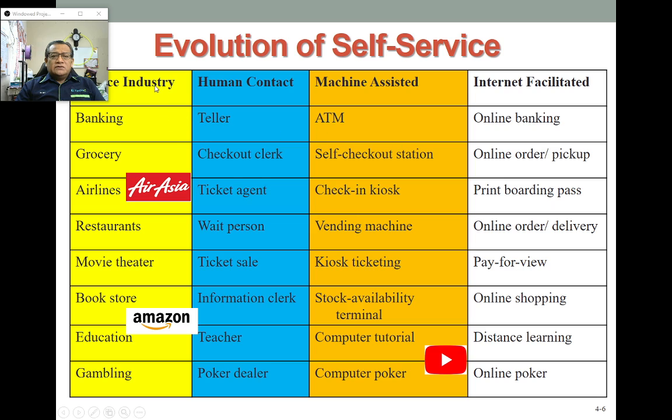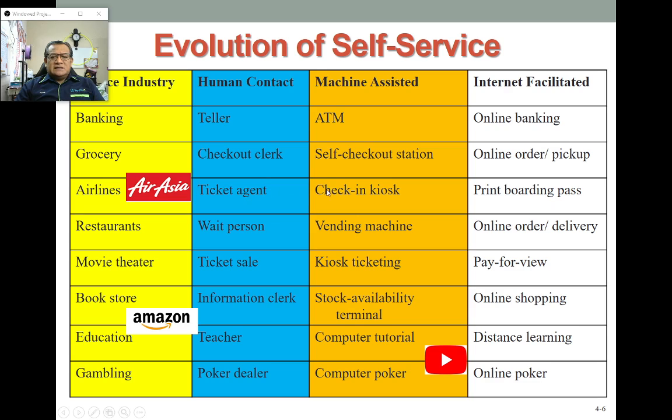So this is the evolution of self-service. It is from human to human, and later customer to machine, and later the customer dealing with the bank through the internet. Okay, the evolution of self-service can also be well explained in the airline industry, for example AirAsia. In the olden days, the customer dealt directly with the ticket agent or the sales travel agent.